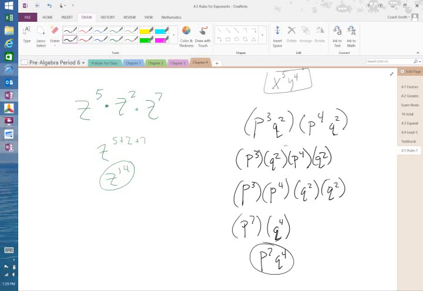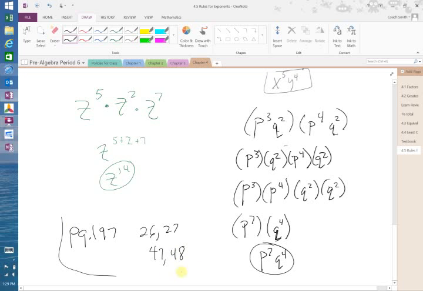On page 197, I want you to do 26 and 27, and I want you to do 47 and 48. Look at the screen. Do those problems. I'll give you a couple of minutes, and then we'll discuss them.